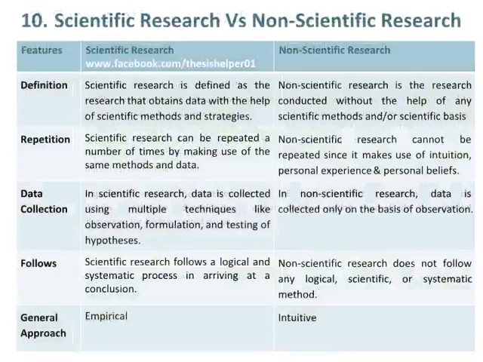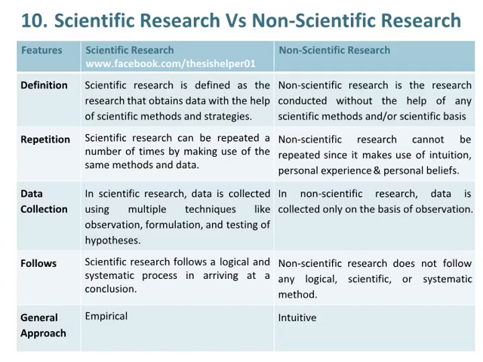Scientific research versus non-scientific research. Scientific research is defined as the research that obtains data with the help of scientific methods and strategies, whereas non-scientific research is the research conducted without the help of any scientific methods and/or scientific basis.